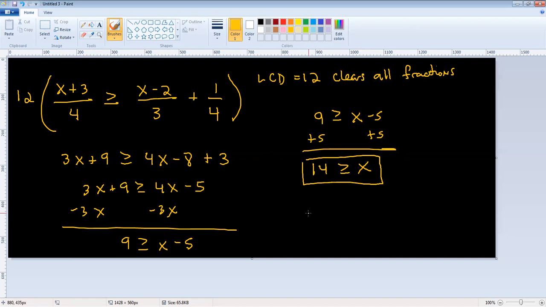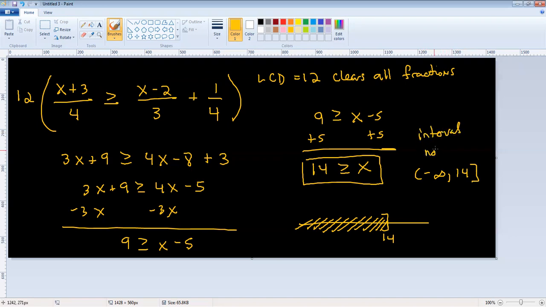I think that's the correct answer. So x is less than or equal to 14. In other words, negative infinity all the way up to 14, in interval notation.